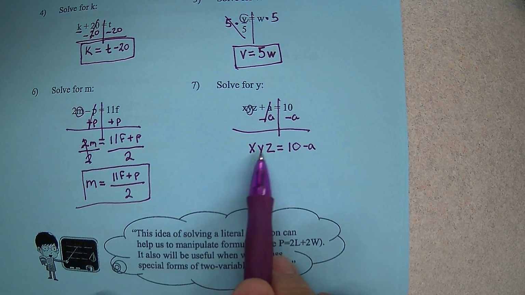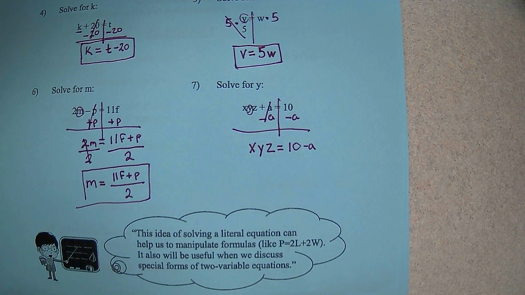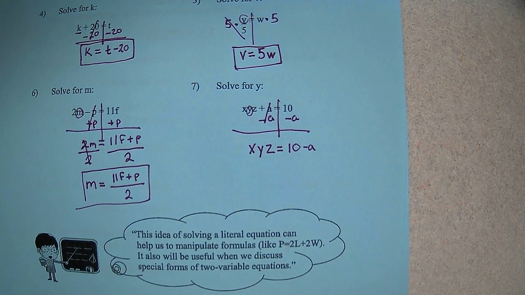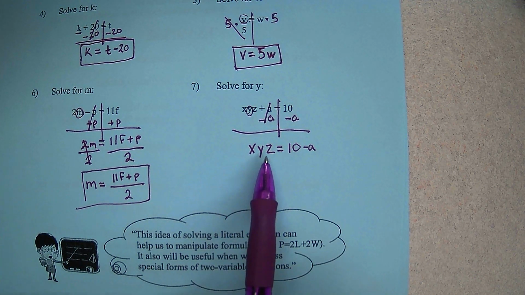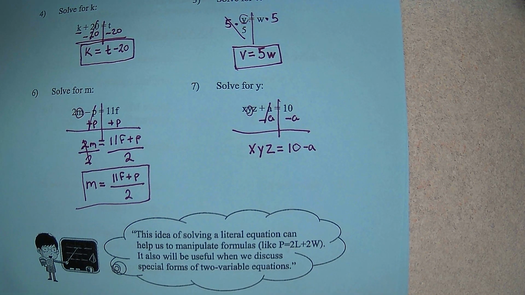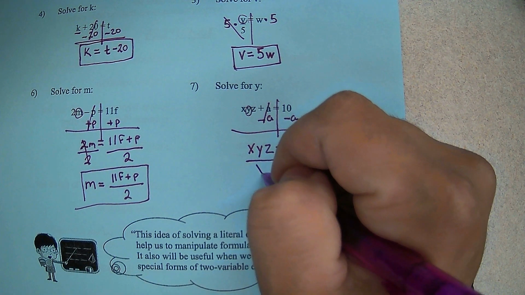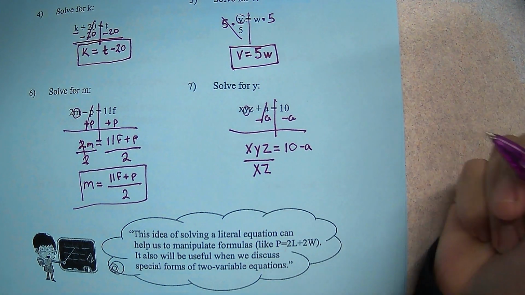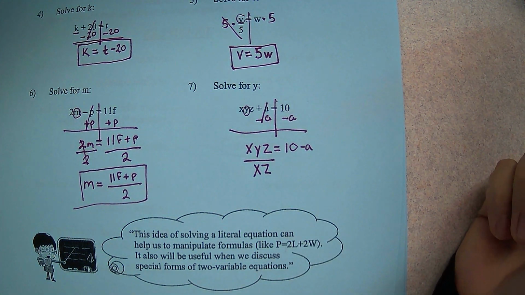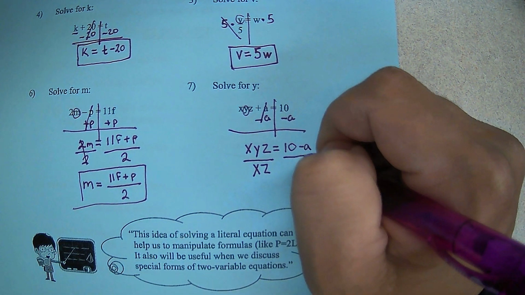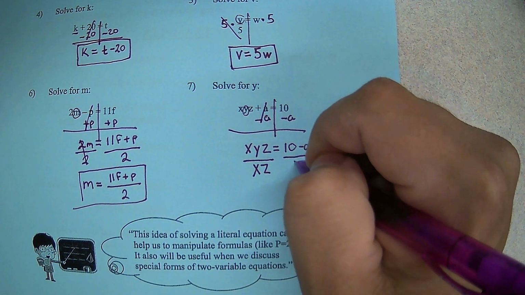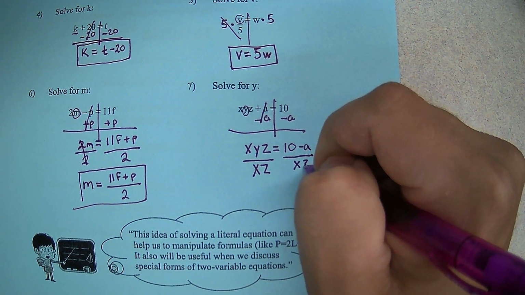Both this x and z are being multiplied by that y. Remember, the order doesn't matter. So both x and z are being multiplied by y. So to get rid of it, we're going to divide, and we can divide by both the x and the z at the same time. And if I do that, I could do the same thing on the other side.